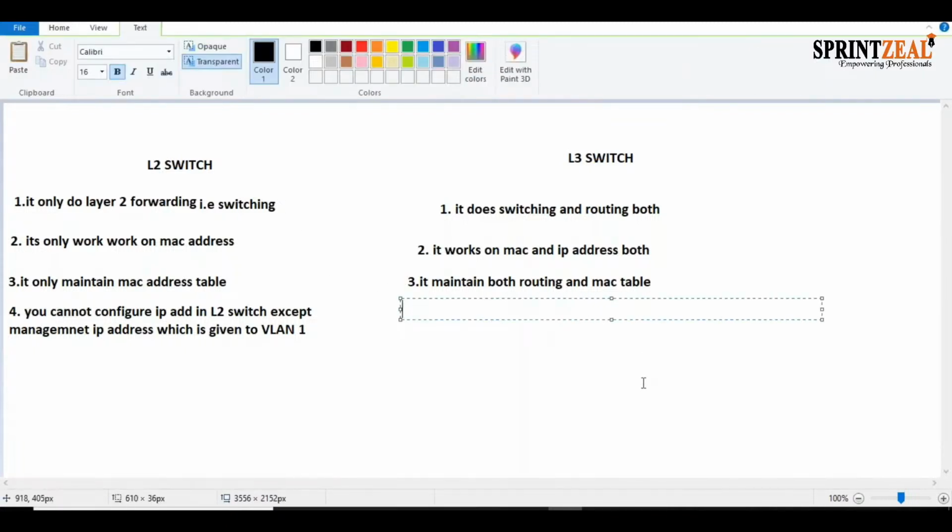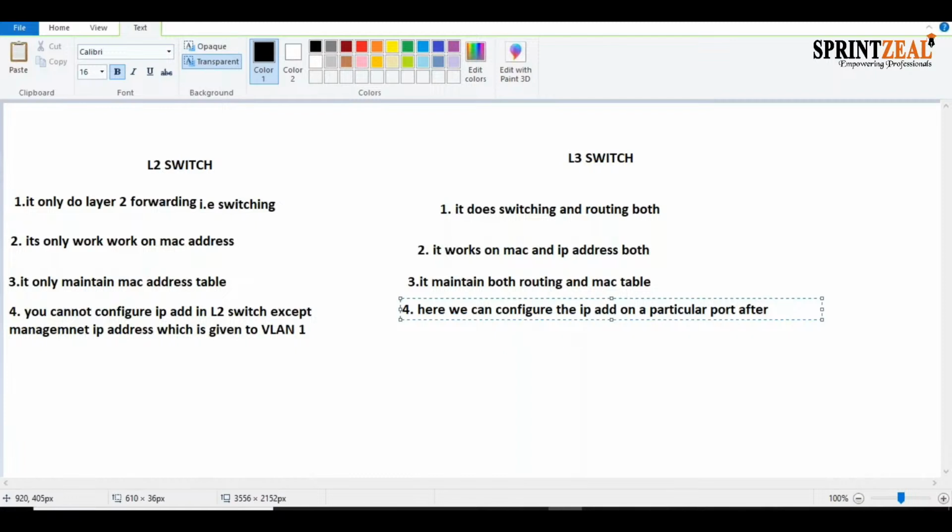In an L3 switch, we can configure the IP address on a particular port after giving a command, because by default an L3 switch is a switch.